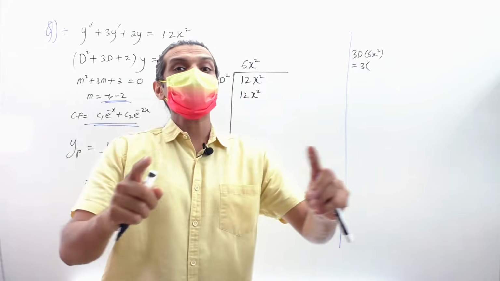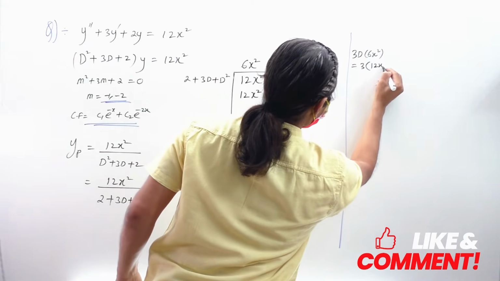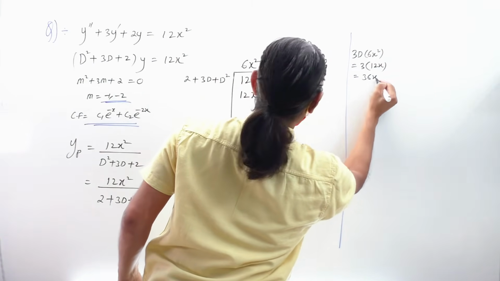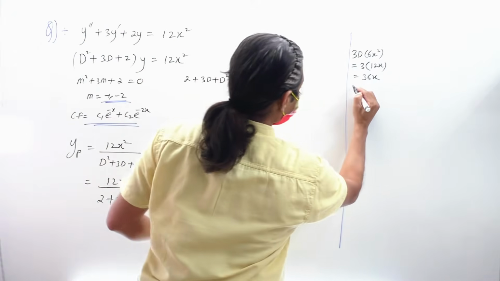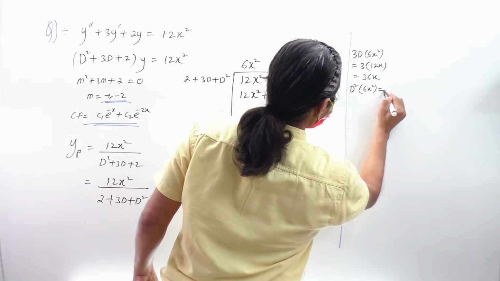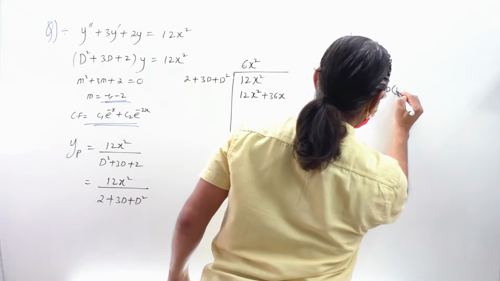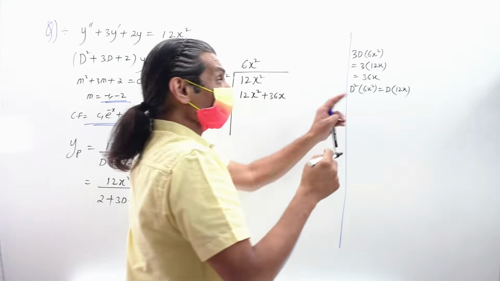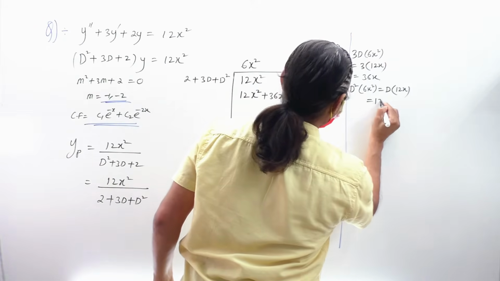So the derivative of 6x square is 12x, that will be 36x, so plus 36x. Again, d square of 6x square: differentiate 2 times. Differentiating 6x square gives 12x, again differentiating 12x gives 12. That's it, plus 12.